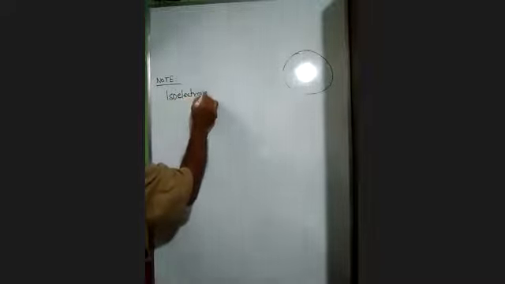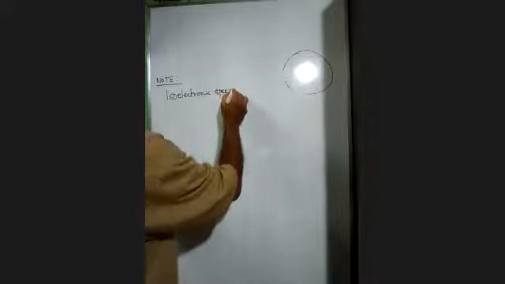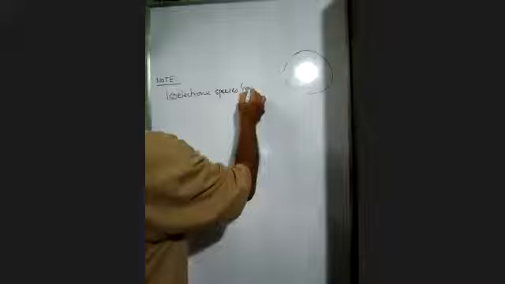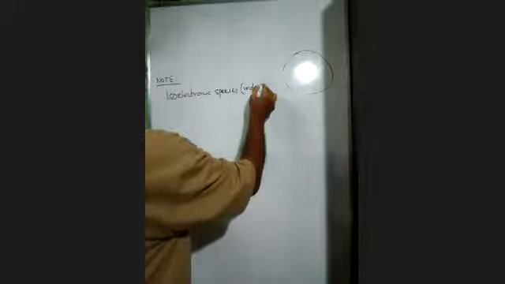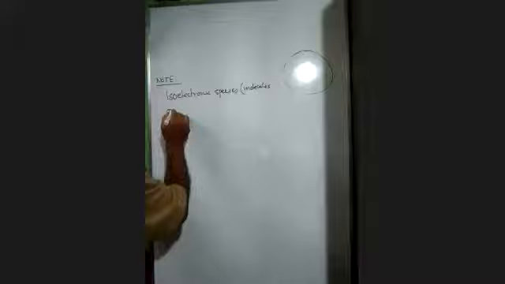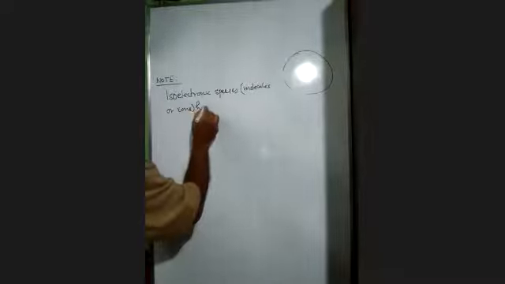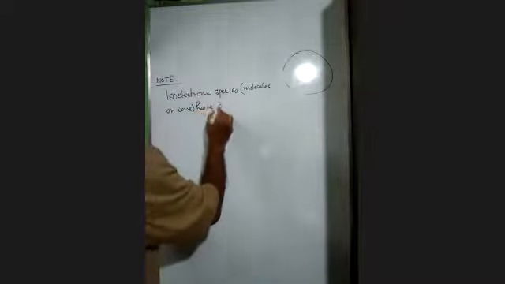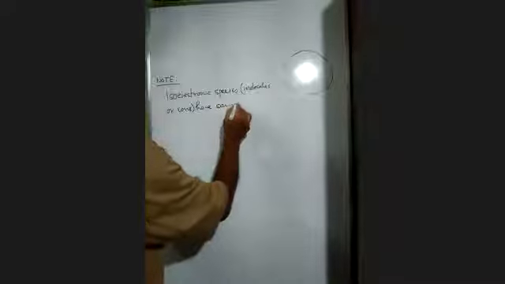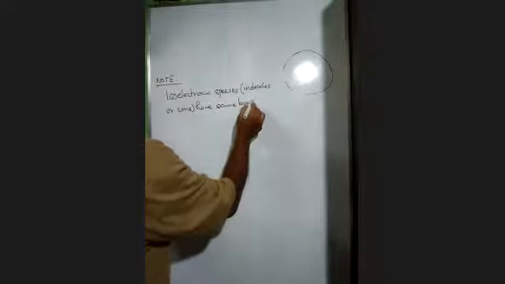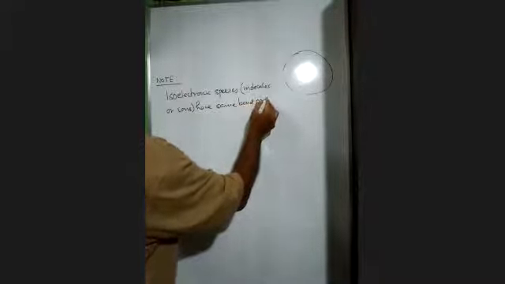Isoelectronic species, it may be molecules or ions, have the same bond order.